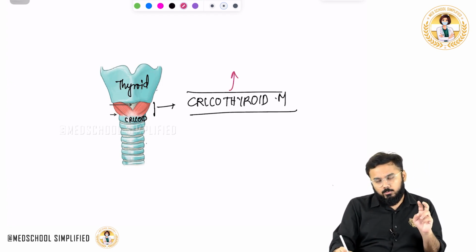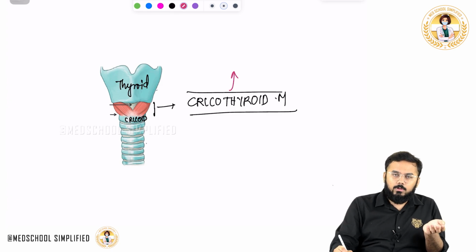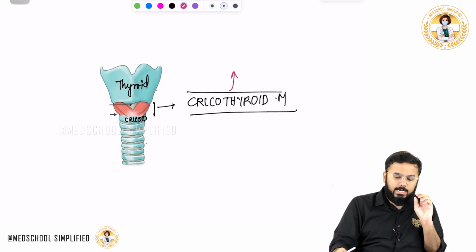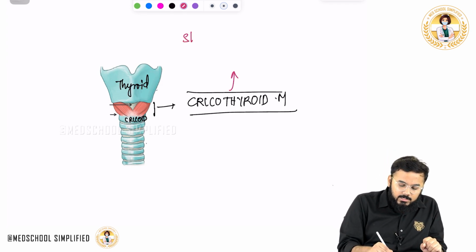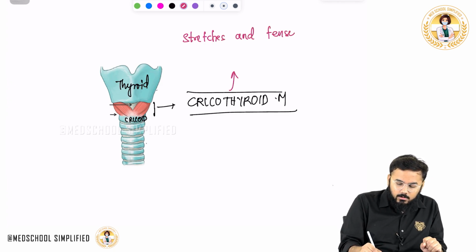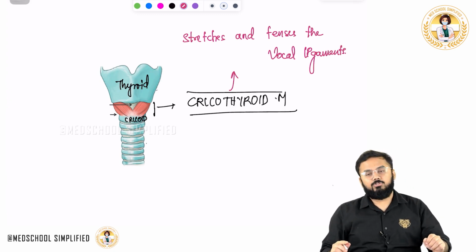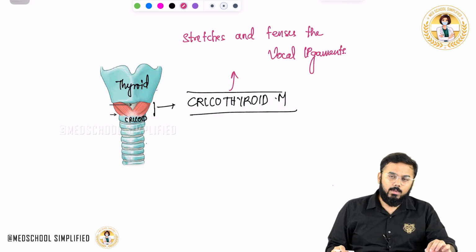I told you it is responsible for increasing the pitch of your voice, as in previous videos. And the second important thing is that this muscle stretches and tenses the vocal ligaments.